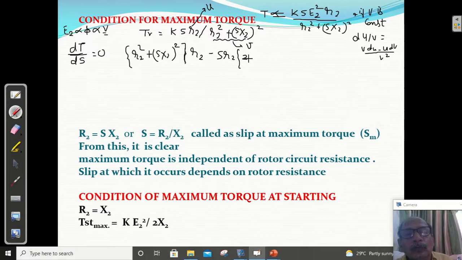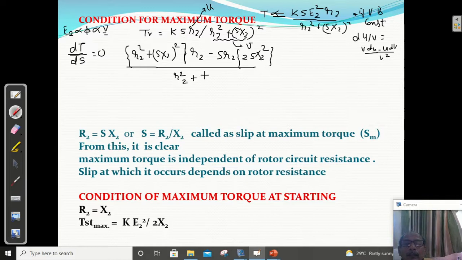Differentiating s square x2 square gives 2s x2 square, upon v, which is R2 square plus s x2 square whole square, and equal to 0. When this term is equated to 0, it will become 0.